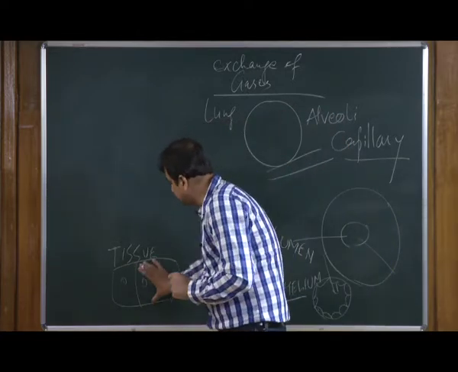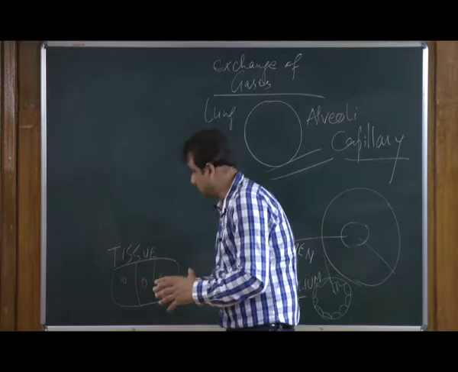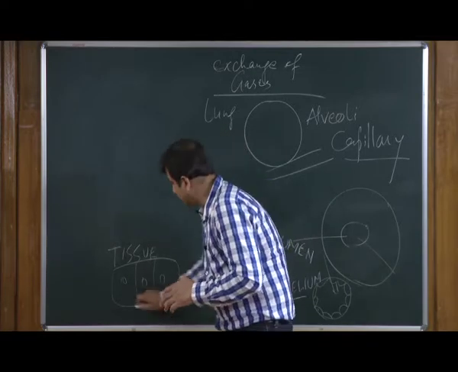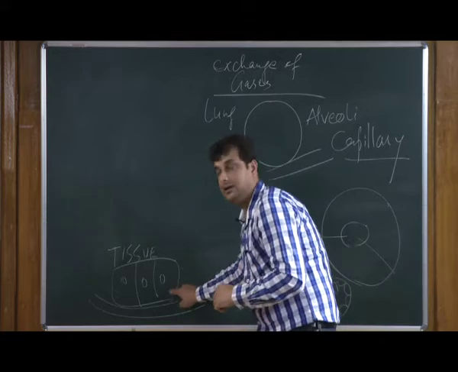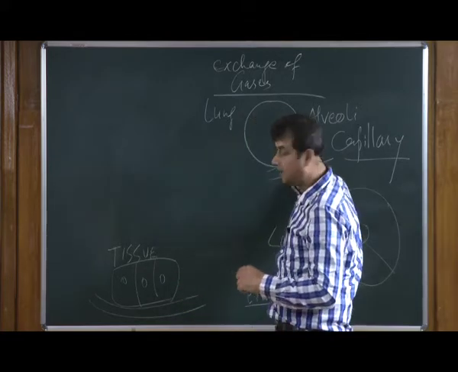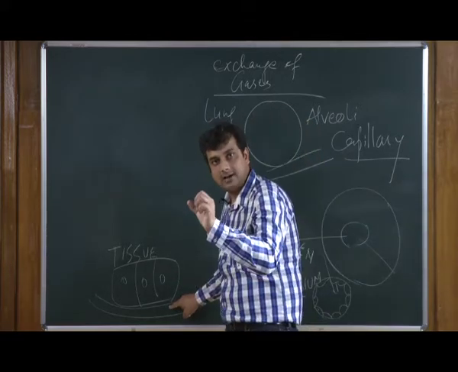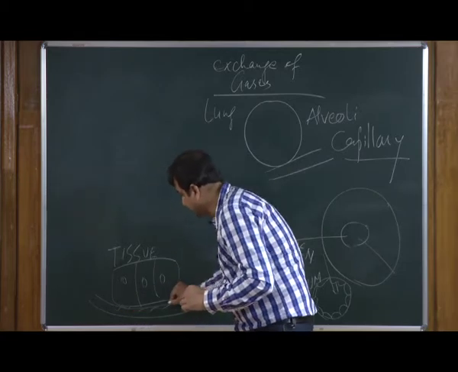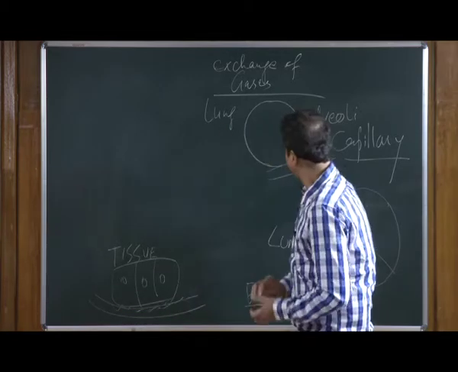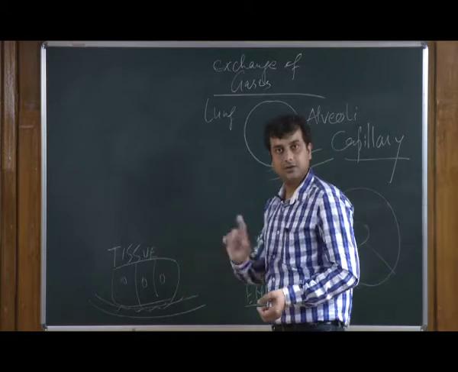So these individual cells are combining to form tissue. Now this tissue also has thin capillaries at the tissue level, like the ones we have at the alveoli level. We have a similar kind of capillary at the tissue level that can exchange the gaseous elements. So these are the two distinct areas which we need to understand.